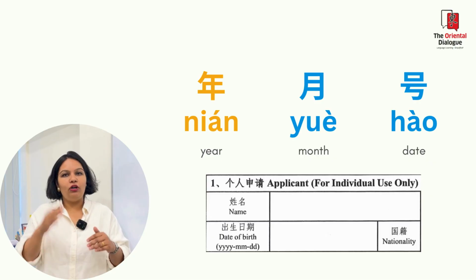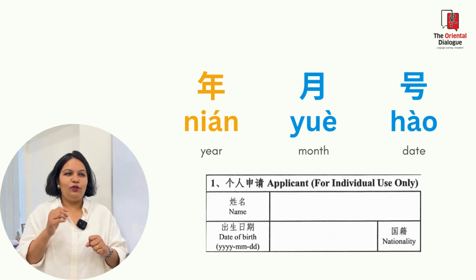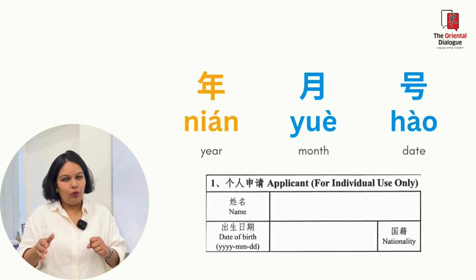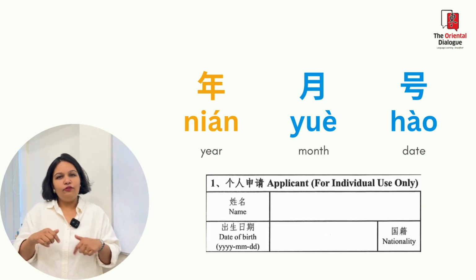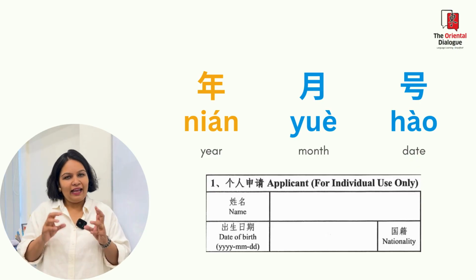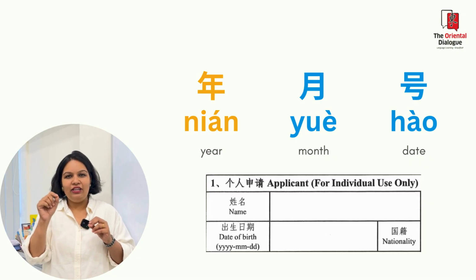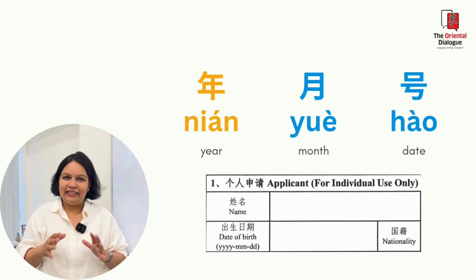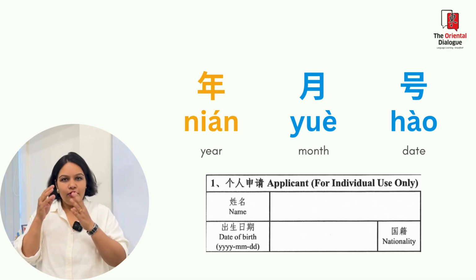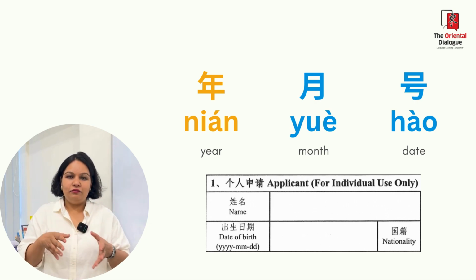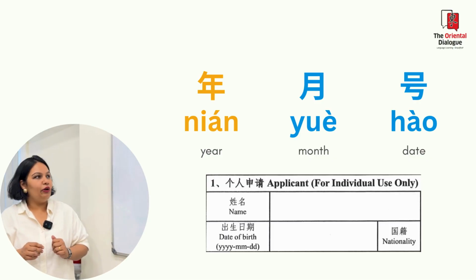So a month is called yuè, and the moon is also called yuè. Year is nián. And for the date, they have given it a word, because it is numbered. So when you're talking about the date, it becomes 2026 nián, 3 yuè, and 6 hào. Hào means the number that the date has been given.